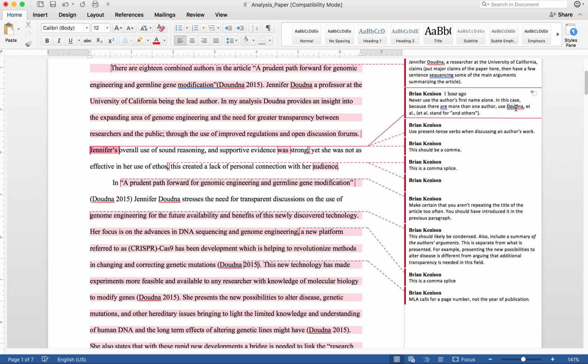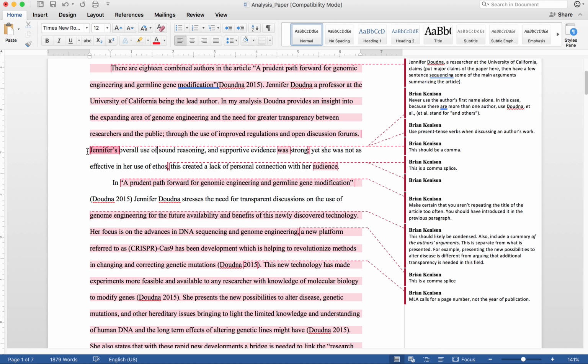And so you do this: you say Doudna, comma, et al., period, comma, and et al. stands for and others. And you cite something this way if there were more than 3 authors to the article. And so you would just want to introduce it that way.